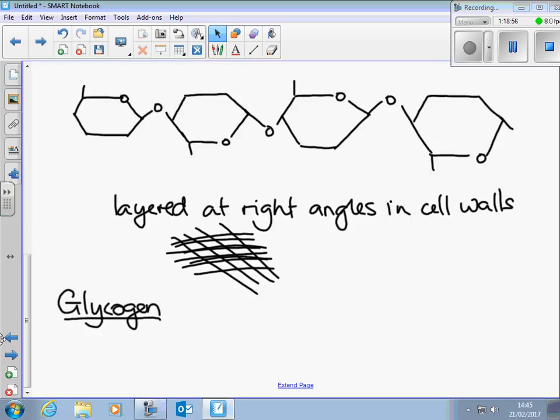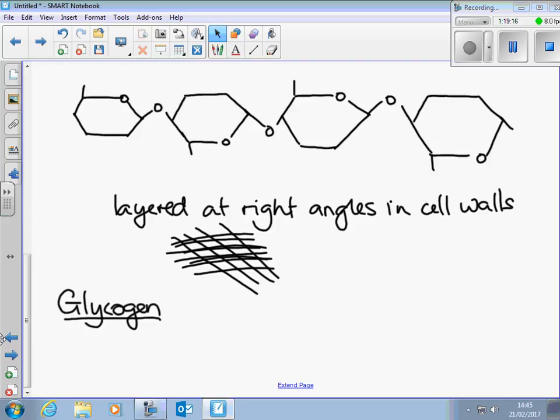Moving a bit further down, we've got protective polysaccharides, heparin, produced partly by the liver, hence the hep bit, but it's secreted by most cells. It stops your blood clotting, heparin. And then gums and mucilages.